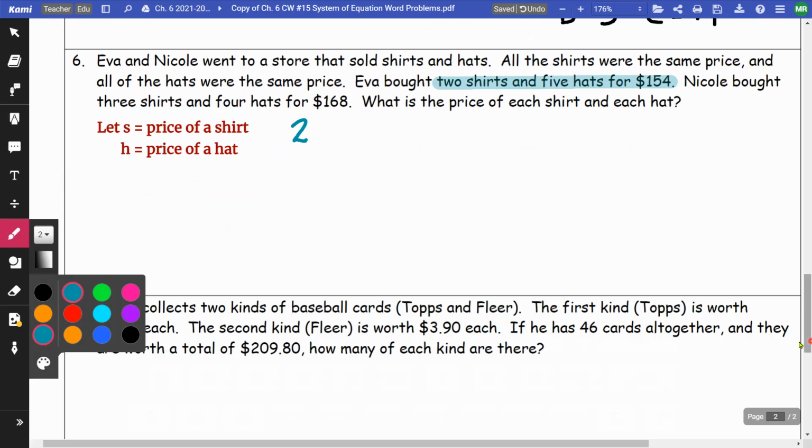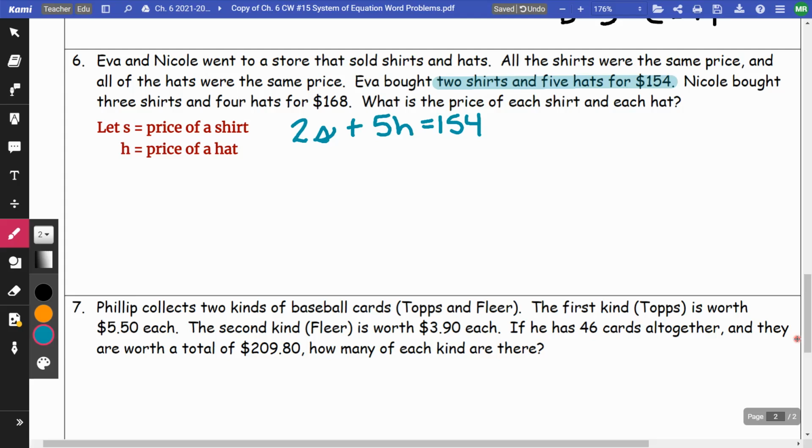So 2 shirts times the cost of a shirt. And then again, I'm going to do my S as a lowercase cursive s so it doesn't look like a 5 halfway through. Plus 5 hats is equal to $154.